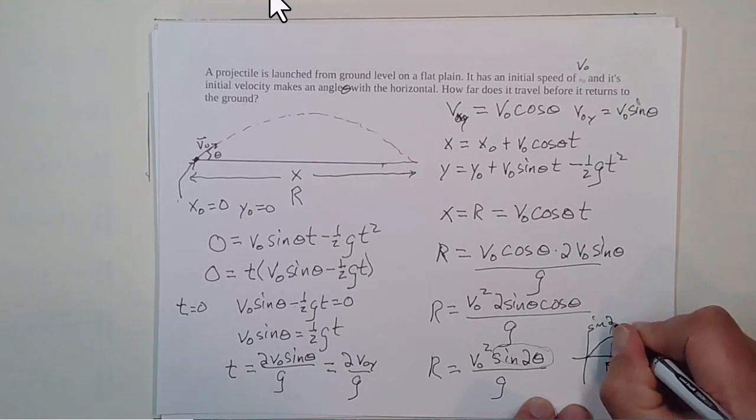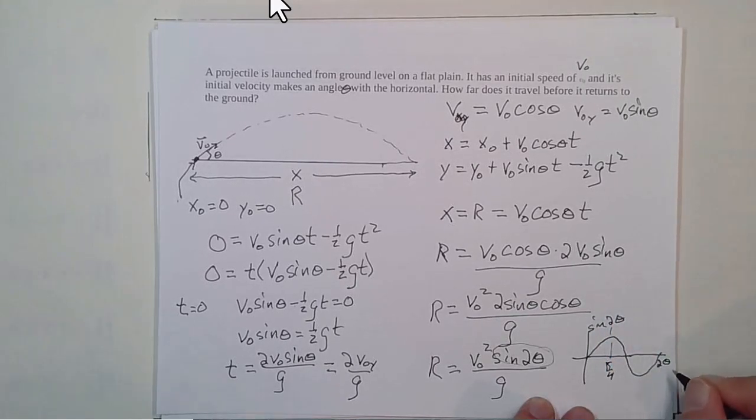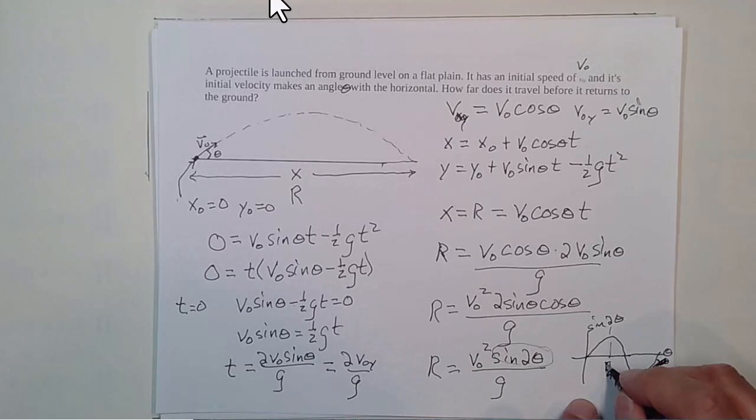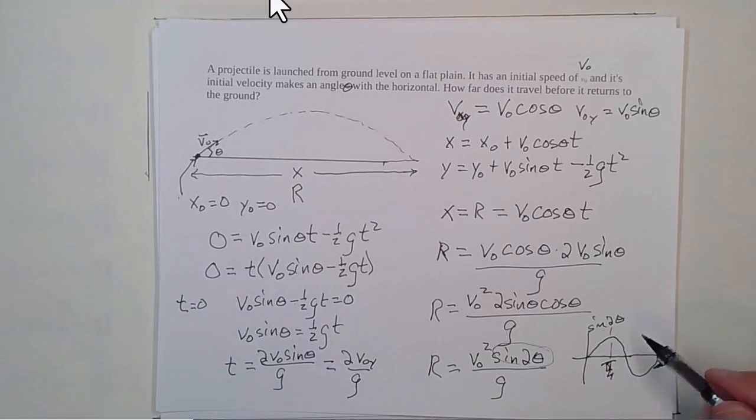If this is the sine of 2 theta, we could just have theta on the horizontal axis. If theta is pi over 4, 2 theta is pi over 2, and that's when the sine is at its maximum value.